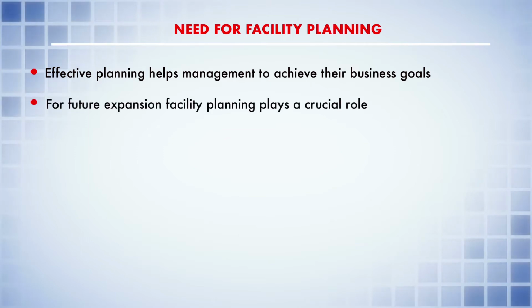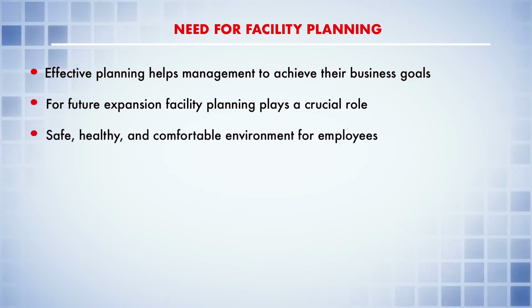Second need is the future expansion. Suppose an automobile company established in 1980 is working quite well in India and captures about 60 to 65% of the market share. They need expansion, so they need a new plant, and for locating a new plant, they need facility planning.